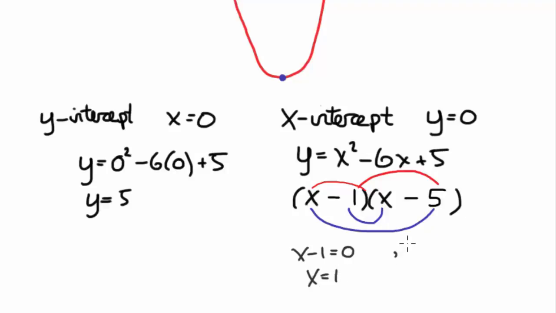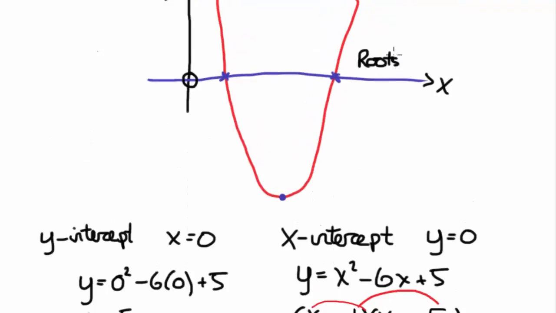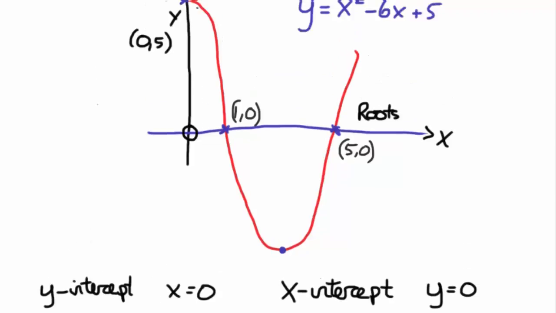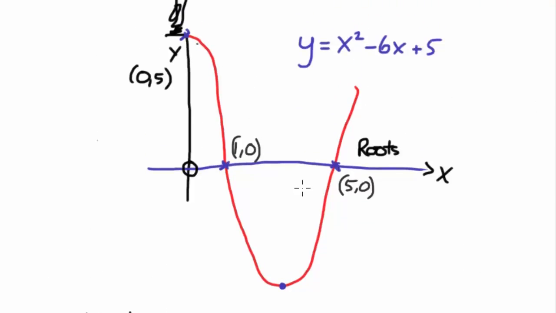And we can also say x minus 5 equals 0, so therefore x equals 5. So we've now got the roots. We've got a root at (1, 0), and another root at (5, 0). Okay, so we've now got the y-intercept, and we've now got the roots.